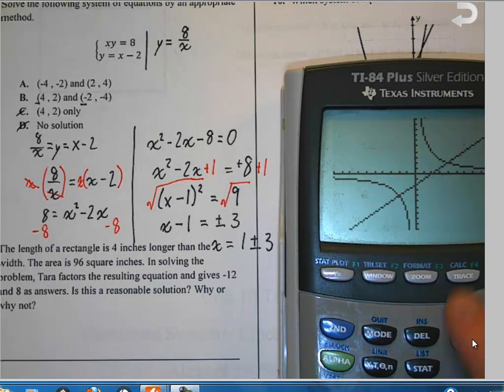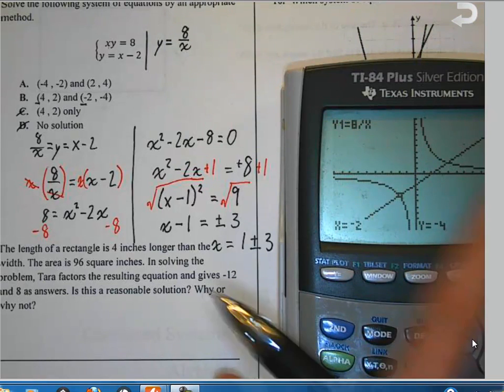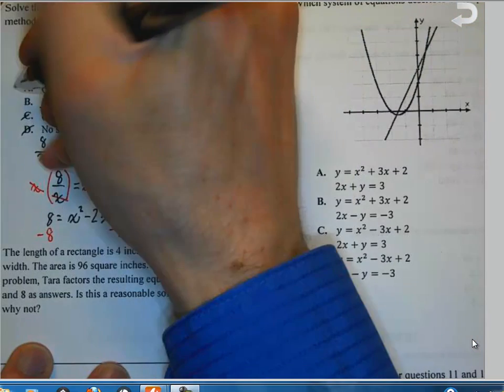Lo and behold, where x is equal to 4, y is equal to positive 2, and where x is equal to negative 2, that's our other point of intersection at negative 4. So, our correct response was B.